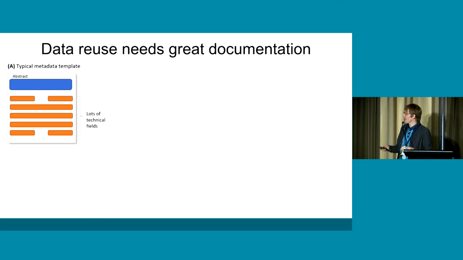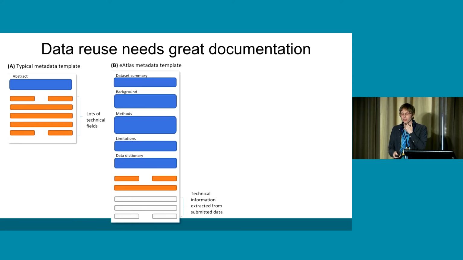But they tend to have a lot of technical fields, which bog people down in terms of trying to fill in all this detail, and people just go, oh, I've got an abstract, all right, I'll copy the abstract from my paper in there and I'll be done, right? And that means that these data sets don't actually describe the data very well and its limitations.